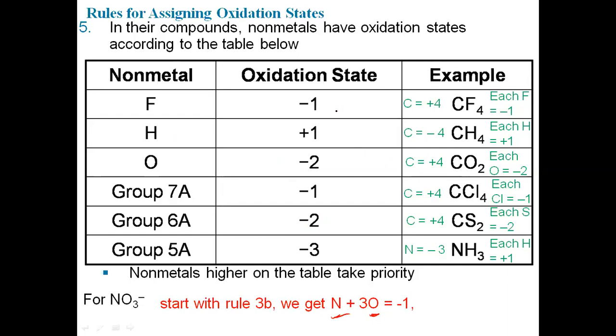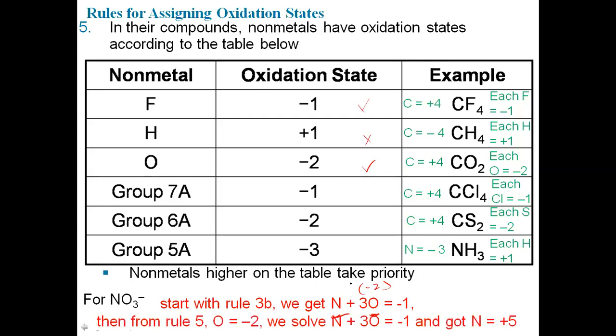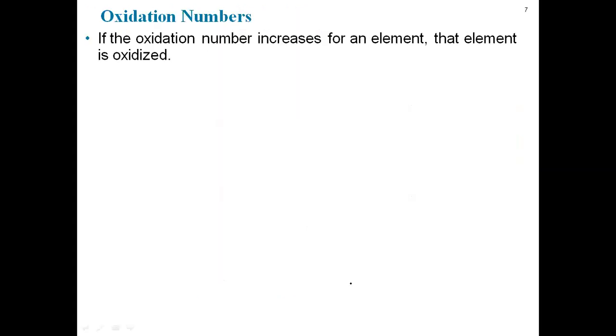You check one by one. We don't have fluorine, we don't have H, but we have O. Therefore, give O the -2 number from this table. Then you solve for N. So that's how we get all the numbers by using these 5 rules.